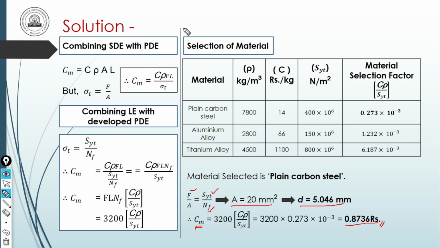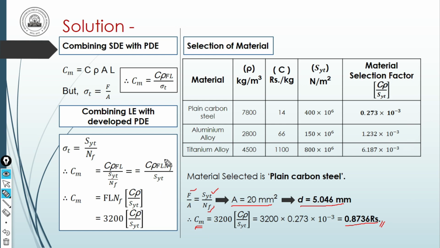So this is the deciding factor from PDE by using Johnson's method. Now we have achieved minimizing the material cost, that is objective number 1, but we have not solved the cost of material for each and every material.